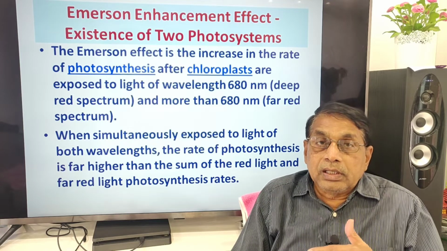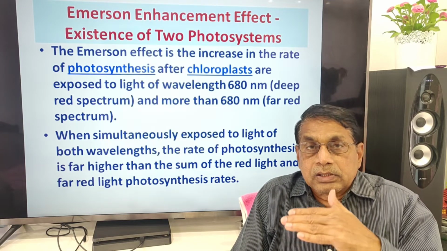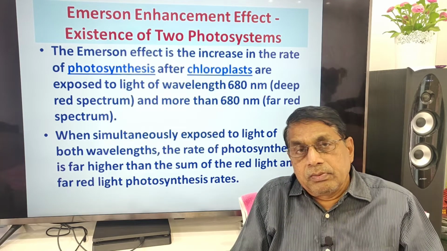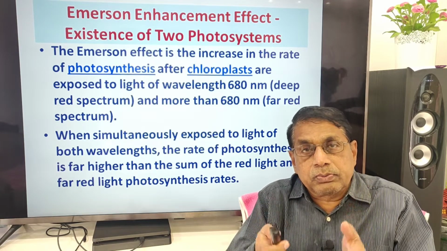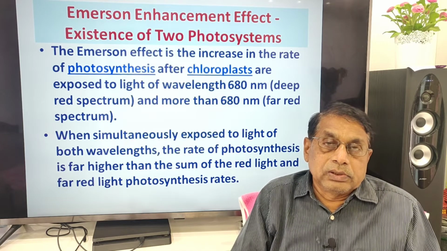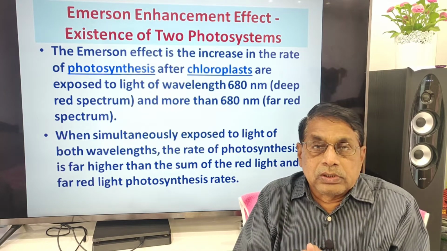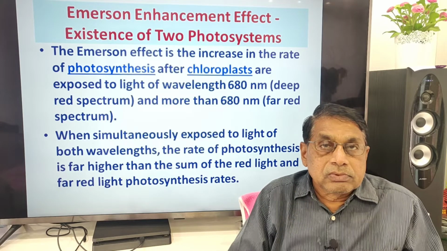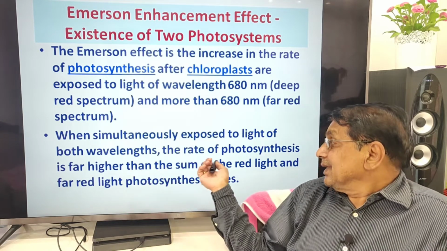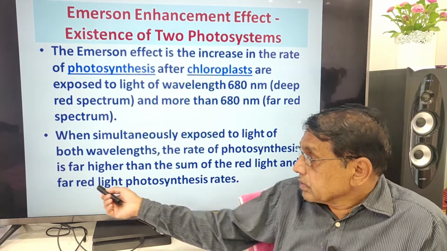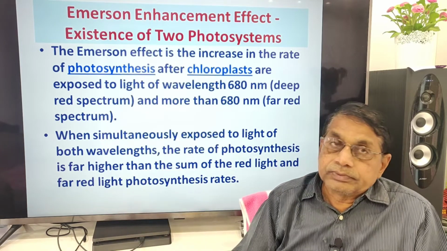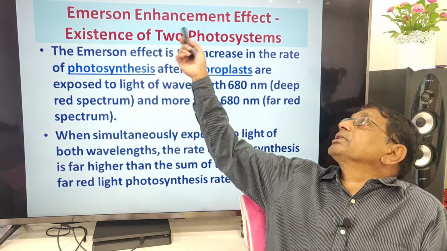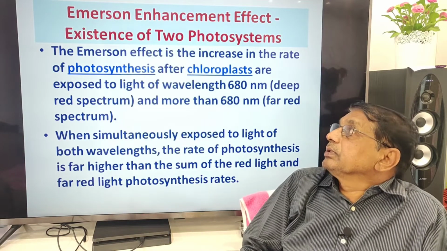He observed a surprising increase in the rate of photosynthesis when both lights are exposed to chloroplasts. Suppose 2 plus 2 is not 4, but here 2 plus 2 is 6, higher than the sum of the red light and far red light. This is known as Emerson's Enhancement Effect.